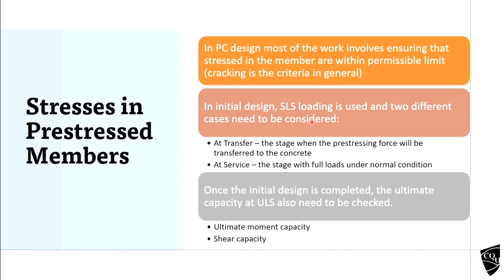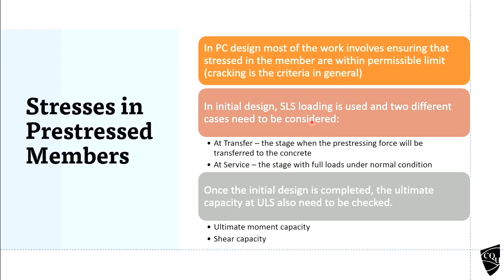So we try to eliminate the cracking. So we use cracking as the criteria for the PC design to determine a suitable cross section and to determine the prestress force.